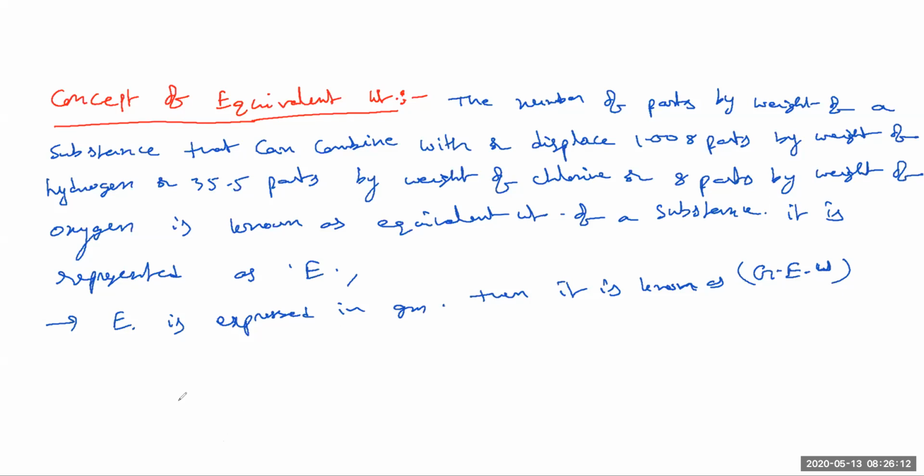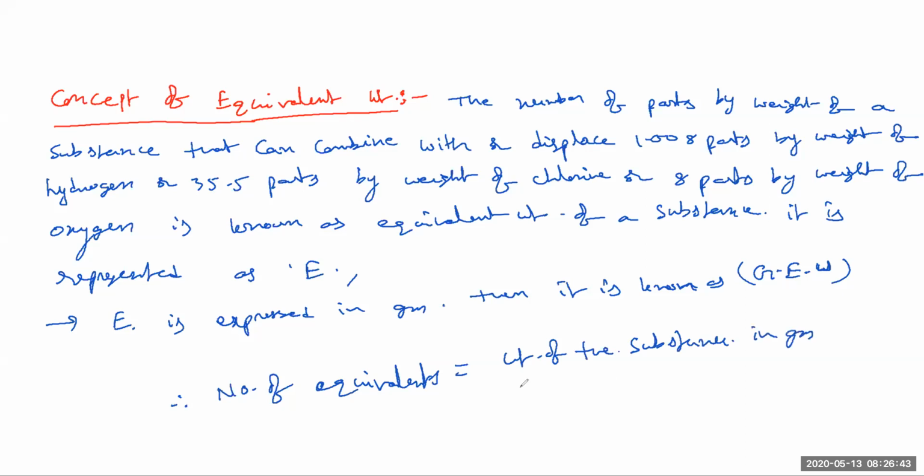Now, how to calculate the number of equivalents? Number of equivalents is equal to the weight of the substance in grams divided by the gram equivalent weight, GEW.